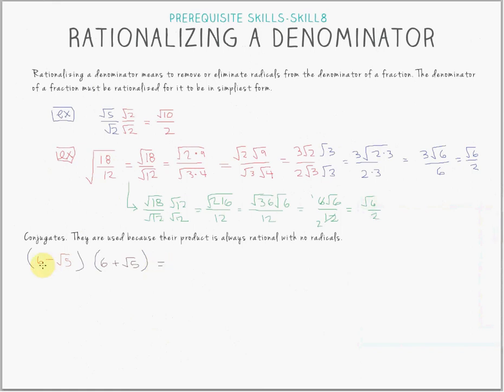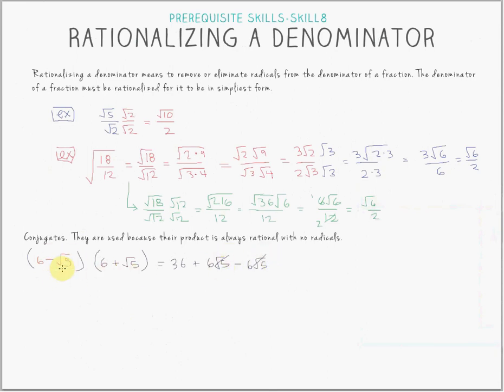So we get, first of all, 6 times 6, which is 36, and 6 times square root of 5, which is 6 square roots of 5. Then see what happens when we do a negative square root of 5 times this 6. We get a negative 6 square roots of 5. So every time, if you do your conjugate correctly, those two middle terms will cancel each other out. Because you have 6 square roots of 5 minus 6 square roots of 5. And so those will cancel each other.